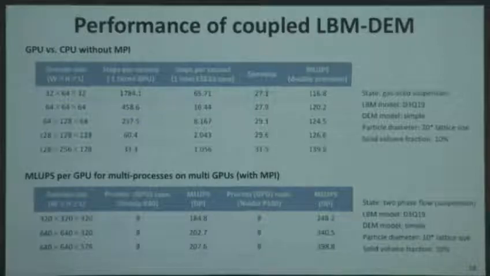Also, when these two are coupled, the LBM coupled with DEM, we can still have good performance when we have very large domains, like this lattice of 128 cubed plus 2. In this case, we can reach about 15% of the peak performance of a processor.